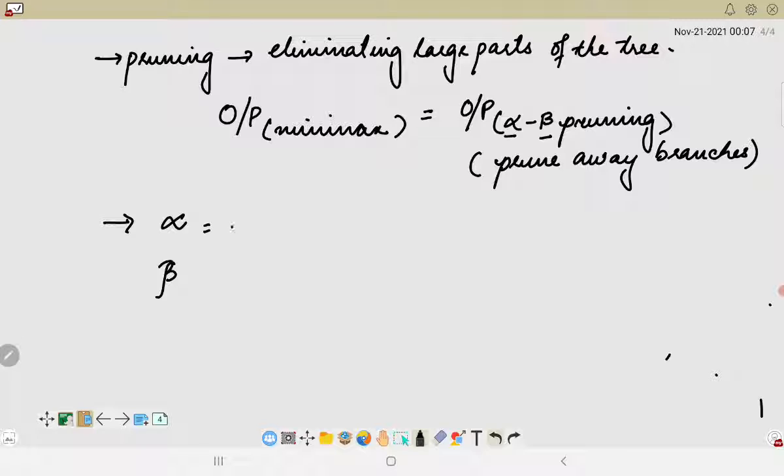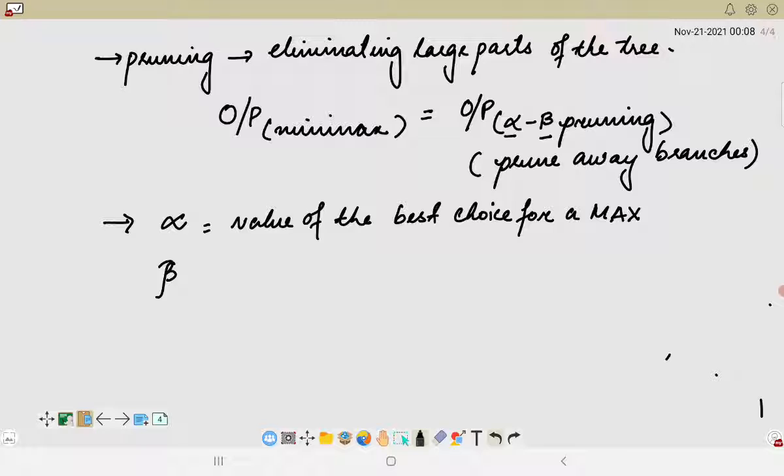Max and min moves we have already discussed. Generally we start playing the game using a max move, and then the min move comes.